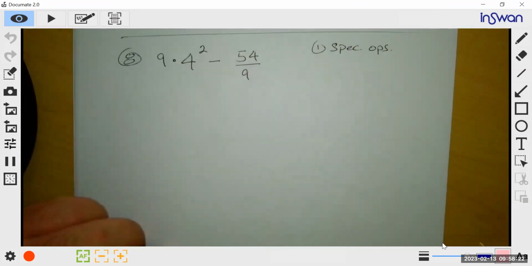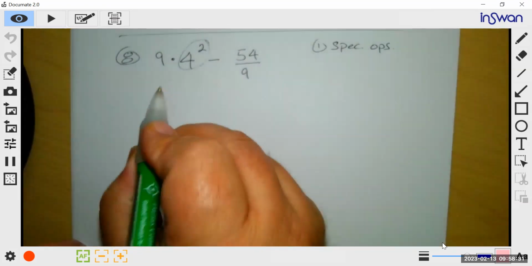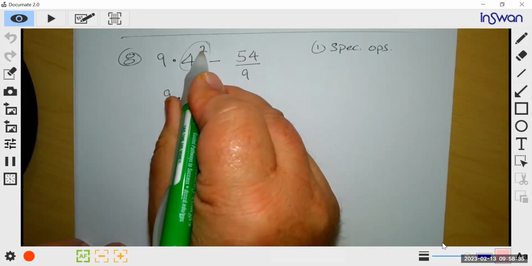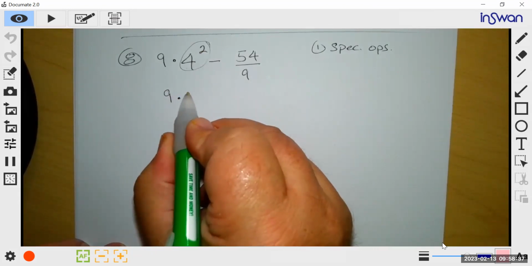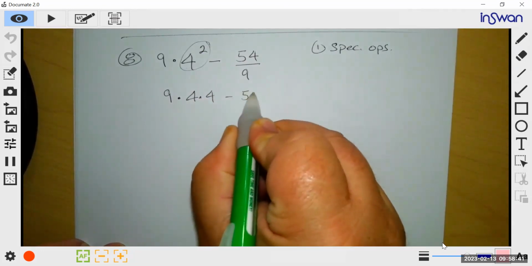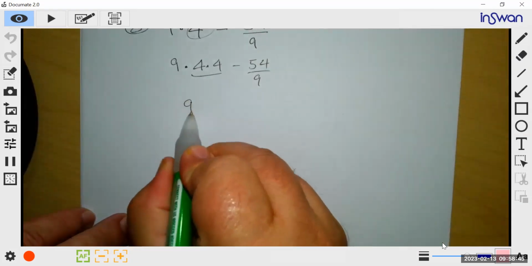First thing is special operations. Are there any parentheses, brackets, absolute values, exponents? Now, here's exponent right here. 4 to the power 2. It has 4 times 4. Yeah, so 4 times 4 is 16.